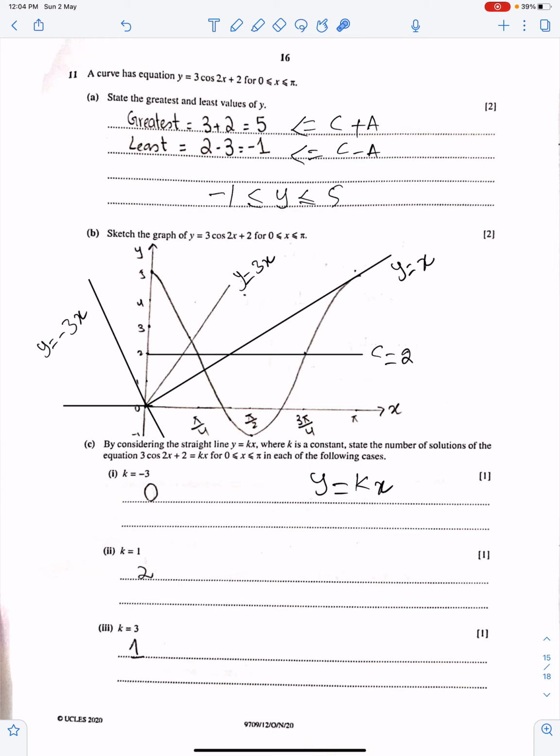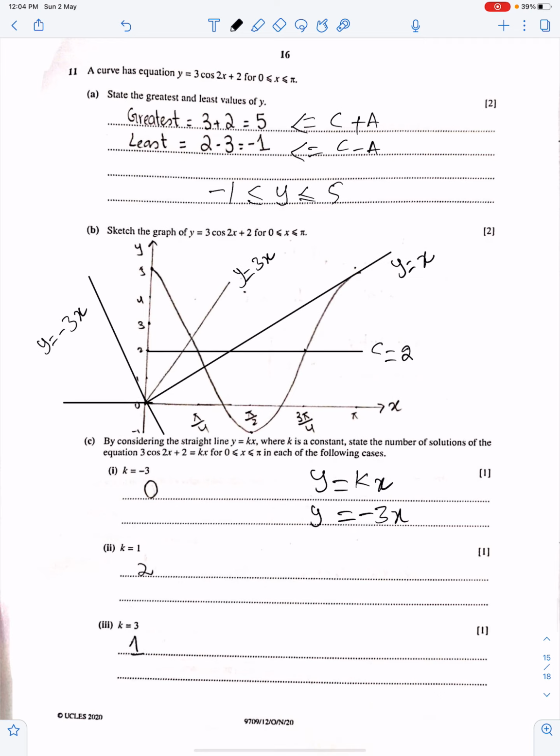So the equation will become y is equal to minus 3x. When you draw this line here on this diagram, you will get this thing. This is the line y is equal to minus 3x.